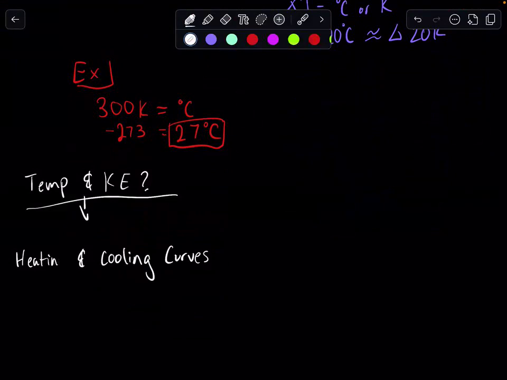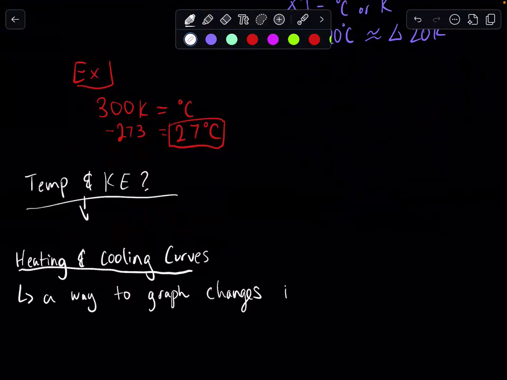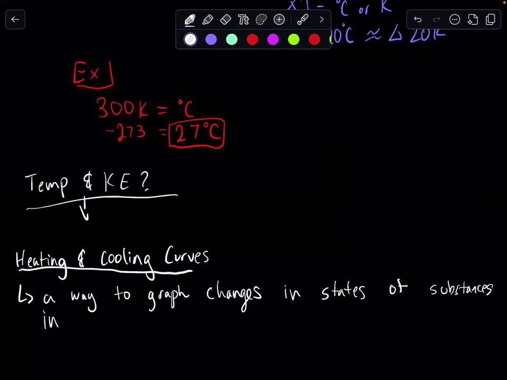So they're not only used to make heating and cooling curves. Heating and cooling curves are just going to be a really nice way to graph changes in states of substances in terms of energy versus temp.